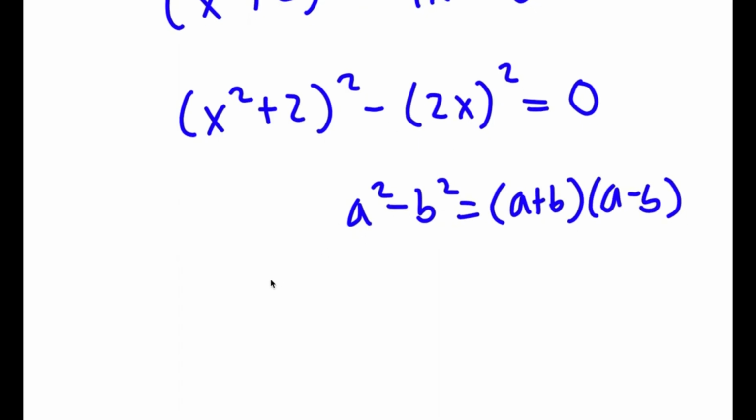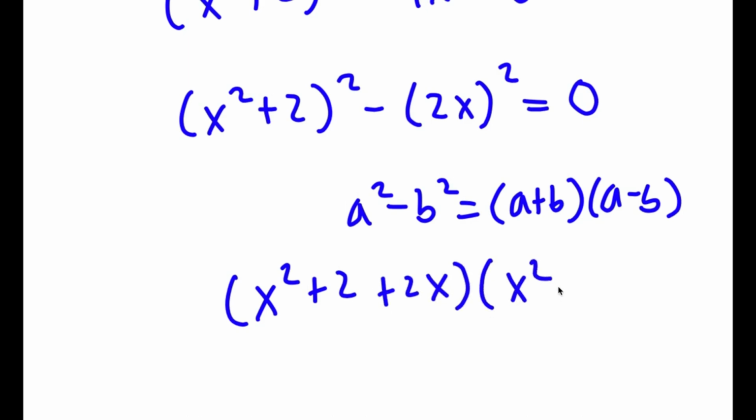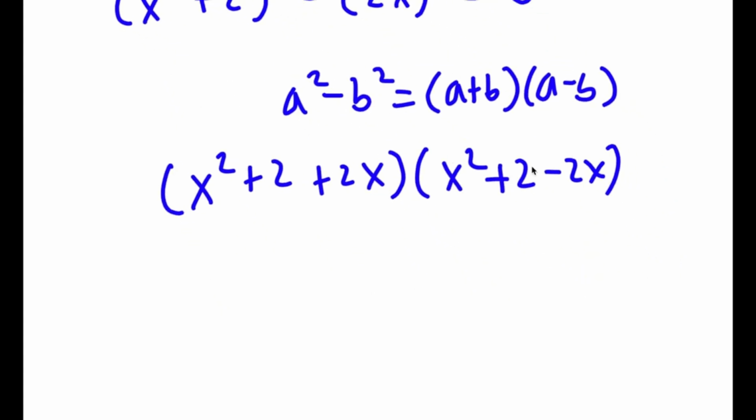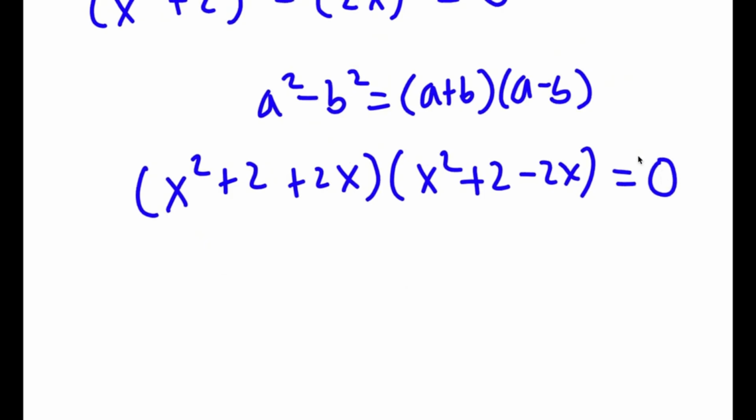So this is going to equal x squared plus 2 plus 2x times x squared plus 2 minus 2x. This is equal to 0.